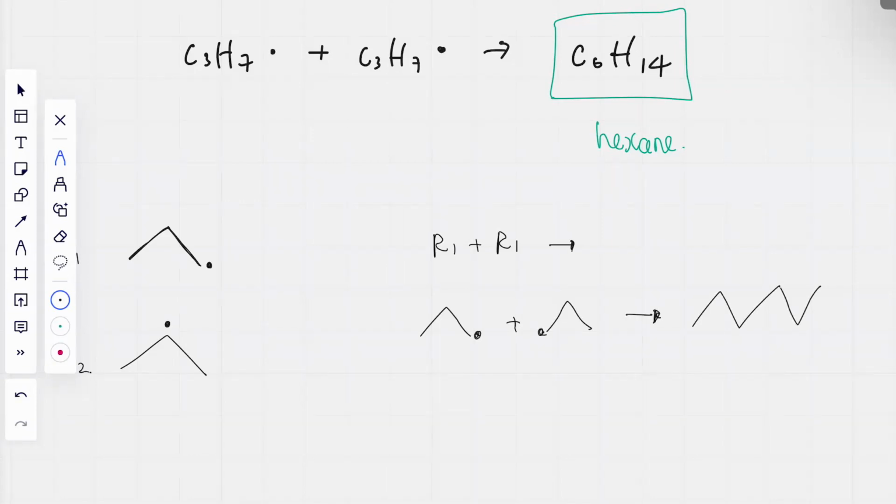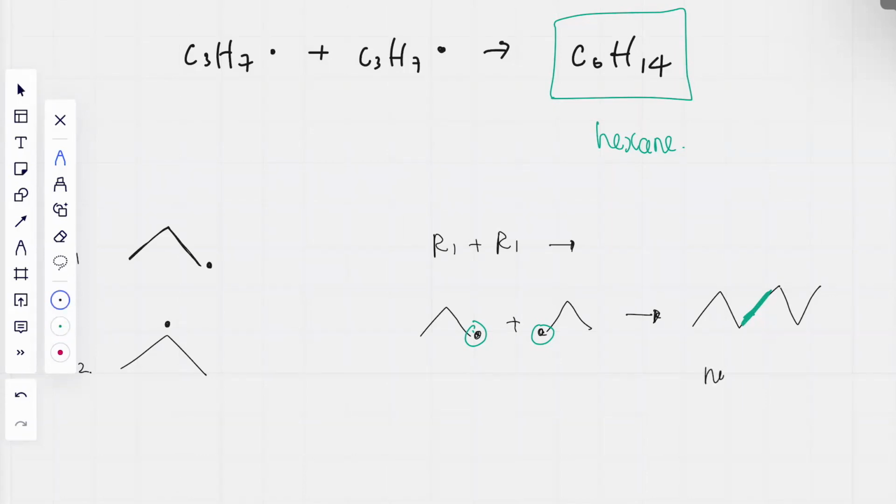That means these two, from this one here. Agree? And what is the product?